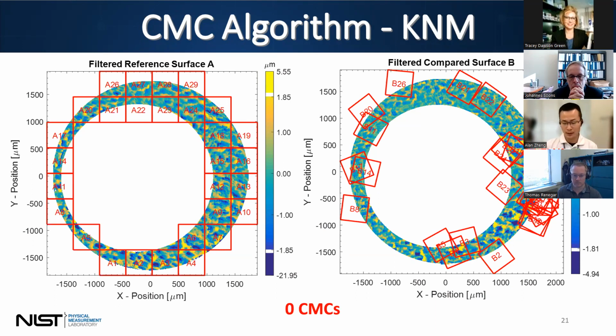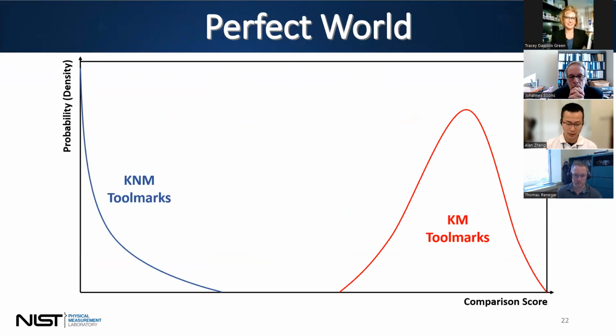So once we've developed this algorithm, you can apply this to many different firearms, ammunition types. And in a perfect world, you would hope that all of your known matching comparisons have a high comparison score on the x-axis there. And all of your known non-matching comparisons would score very low. And the y-axis in this case is just the probability of observing a particular score.